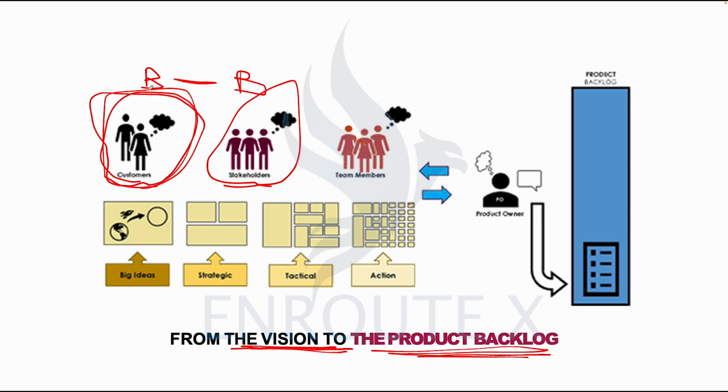B2B, which means business to business. When the stakeholder, the external stakeholder, is another business that you're working for. Take for instance, you work in an organization and it is an IT organization, and one of the things we do in the organization is that we develop websites.